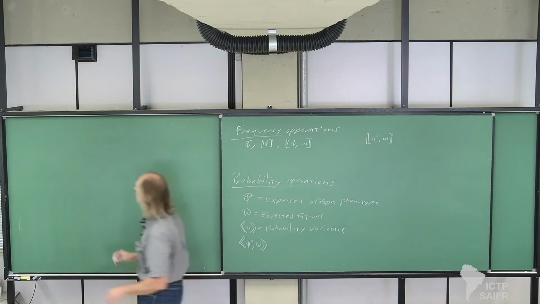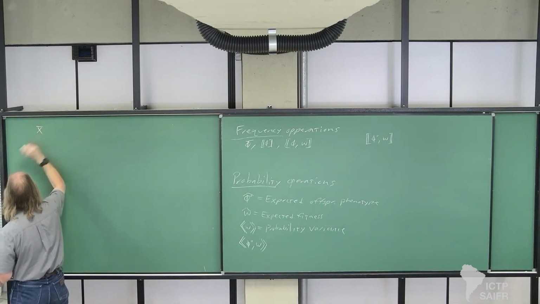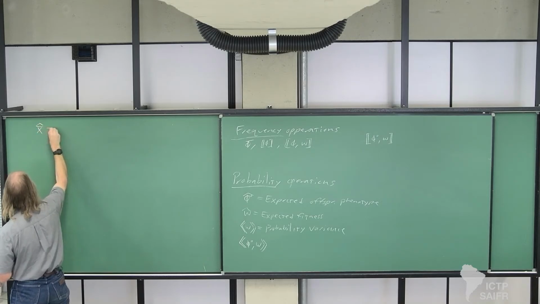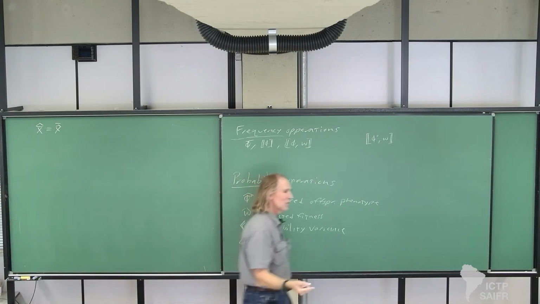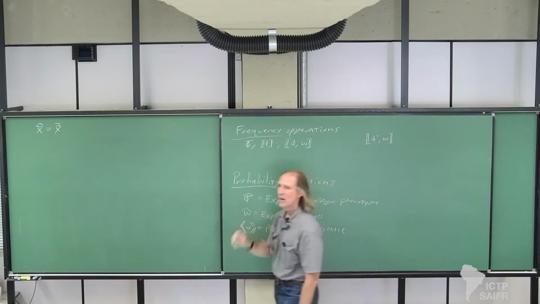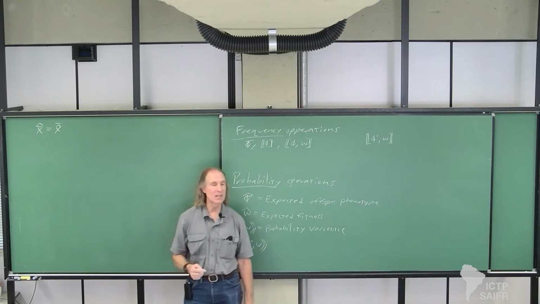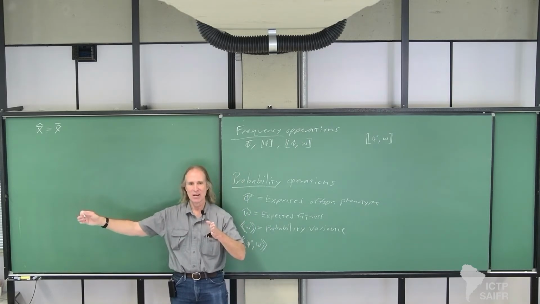First principle that I'll give you, or a rule, is simple. Those are commutative. The probability mean of the frequency mean is the same as the frequency mean of the probability mean. So you can switch those. That should make sense because the mean is a linear operation. You add everything up and then you divide.